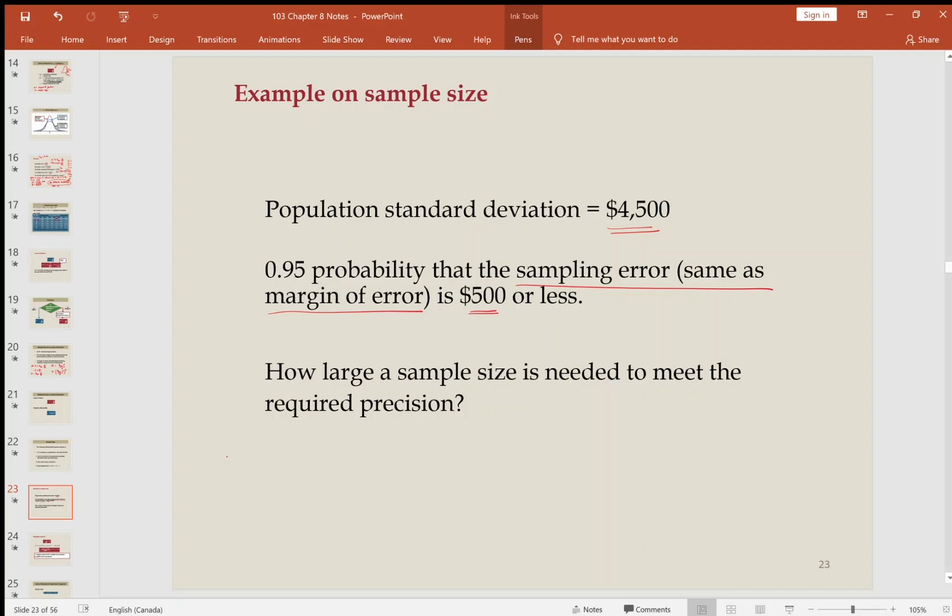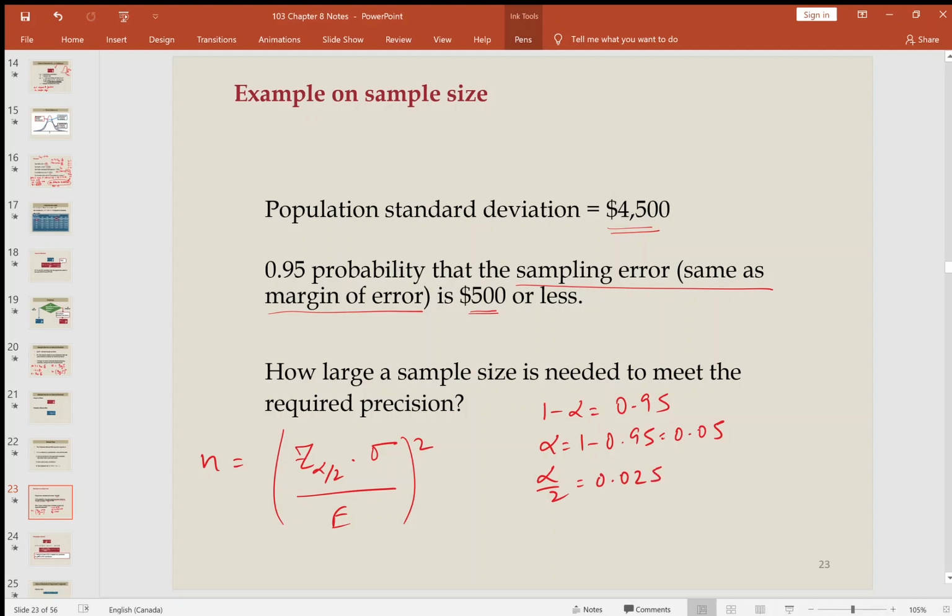So remember our formula was n equals z alpha by 2 times sigma divided by E, squared. Okay, so 1 minus alpha is 0.95, so alpha is 1 minus 0.95, which is 0.05. Alpha by 2 is 0.025.